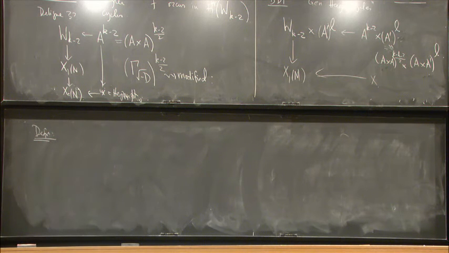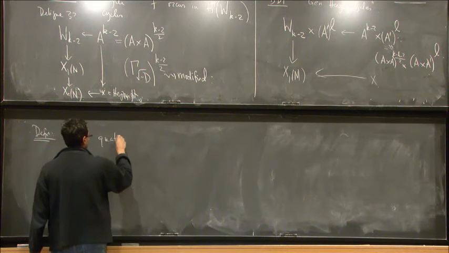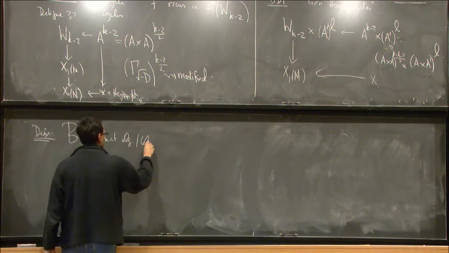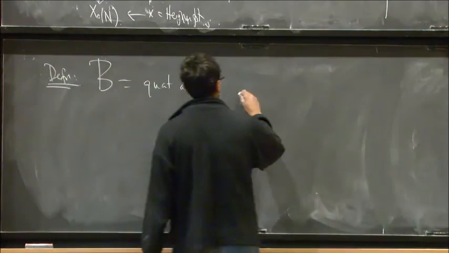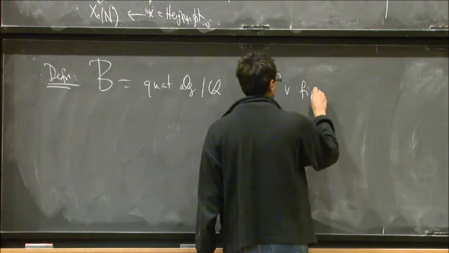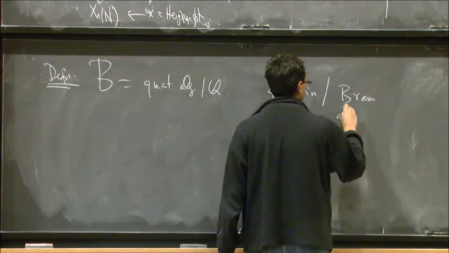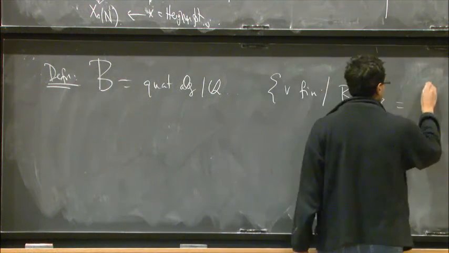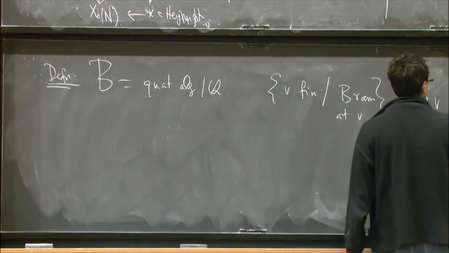So I'm going to define a quaternion algebra B. B will be a quaternion algebra over Q, and I'm going to define it by just telling you all the finite places where it's ramified. It's going to have the property that the set of finite v such that B is ramified at v is exactly equal to the set of finite v such that epsilon v is minus 1.